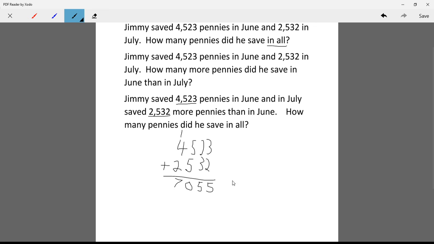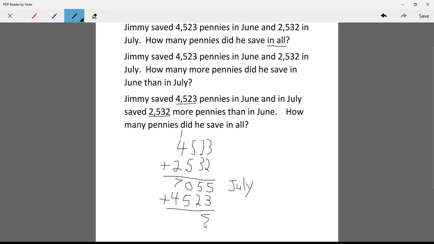And that's what he got in July now. Now, we have to add this to the June one. So now, to see what he did in all, we have to add 4,523 to it, because this is what he did in July, this is what he did in June.